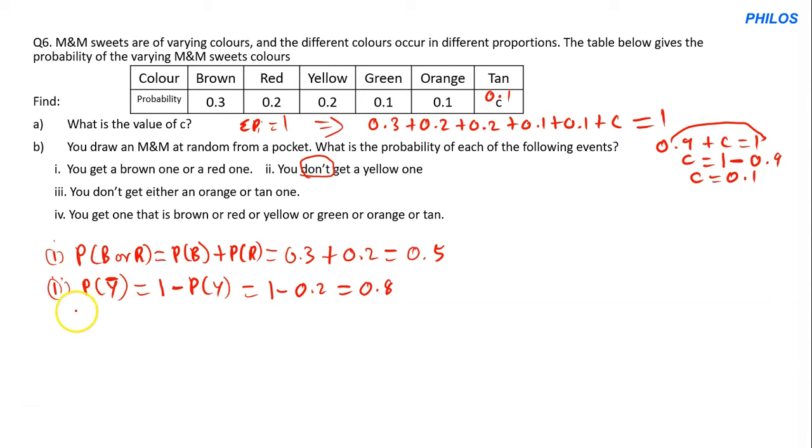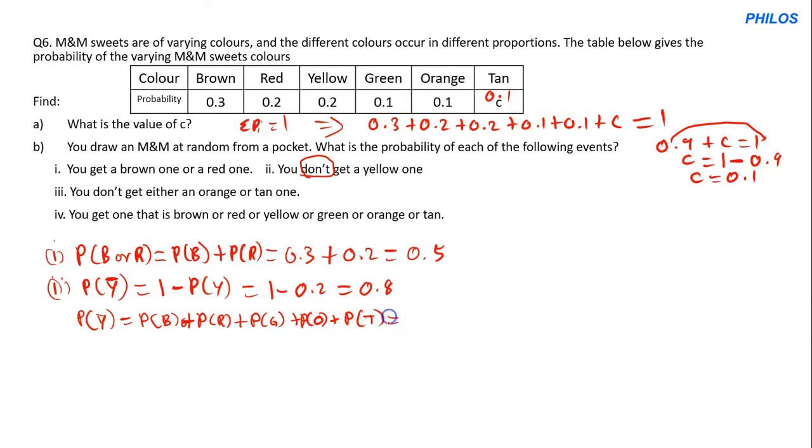Now, the second method goes like, the probability of not getting a yellow should be equal to the probability of getting either of the others. And when I say either of the others, it means the probability of getting a brown, plus the probability of getting a red or a green or an orange or a tan, but not yellow.